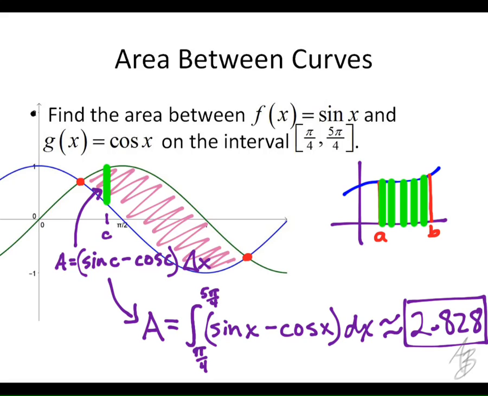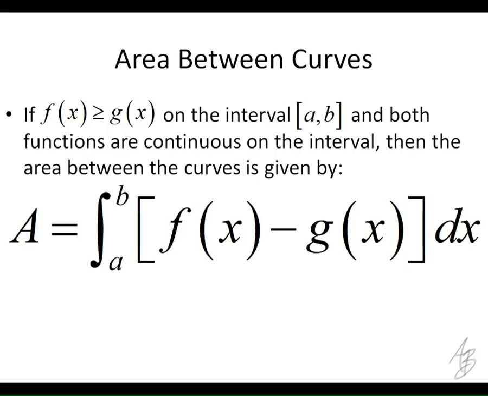We're using a theorem here that looks like this. We could call this the area between curves theorem if you'd like. So it says that if f of x is greater than or equal to g of x on the interval from a to b, and both functions are continuous, and that continuity was important even before when we were finding the area with the definite integral.